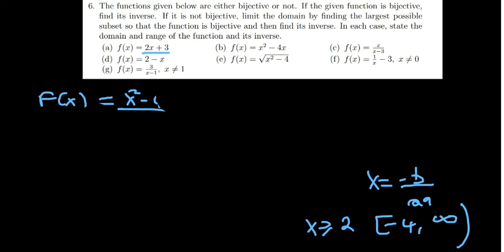Let me just try to remember. If you make x a subject there, what are you going to have? Y minus 3 over 2. Yeah, so we had something like x minus 3 over 2 as our inverse function.